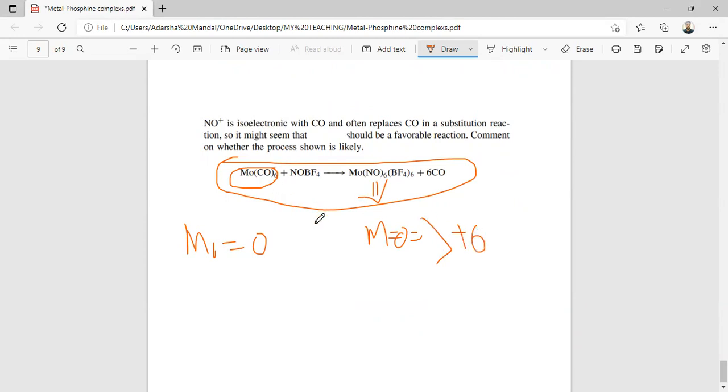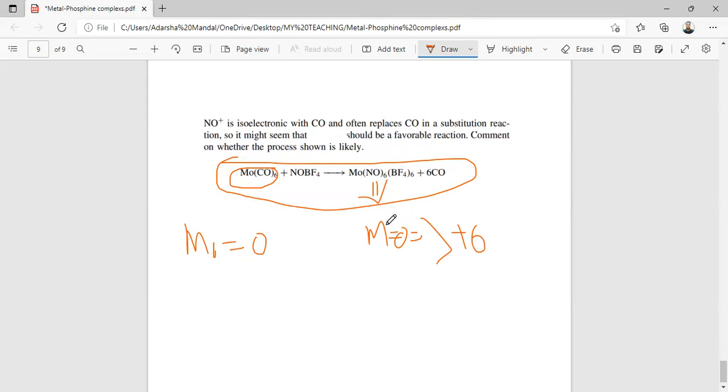We know that NO+ is isoelectronic to CO, and it often replaces the carbonyl in metal complexes. But in this case, there is a change in the oxidation state of molybdenum from 0 to plus 6.